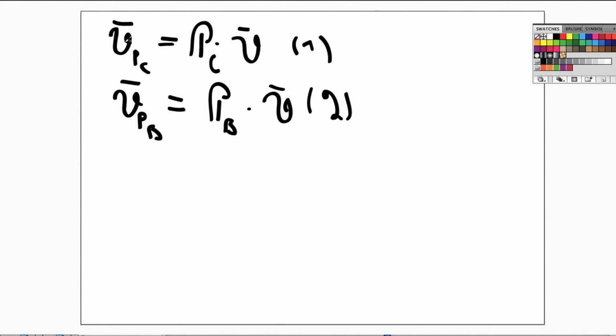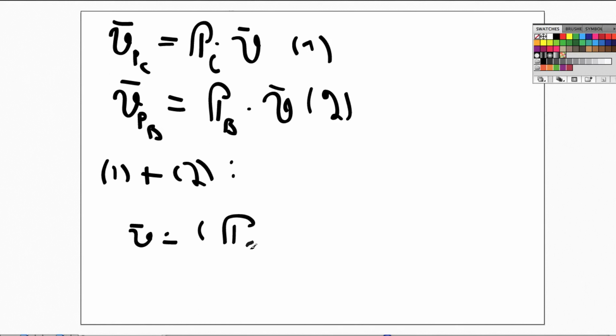Now we can combine this information to actually solve for V. If we sum these two equations, we can solve for V, and the final solution is nothing else but the inverse of the sum of PC plus PB, and we will have to take the inverse of that.